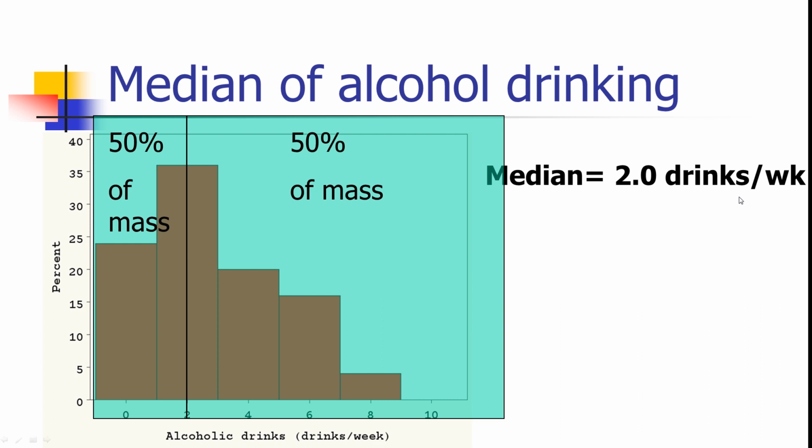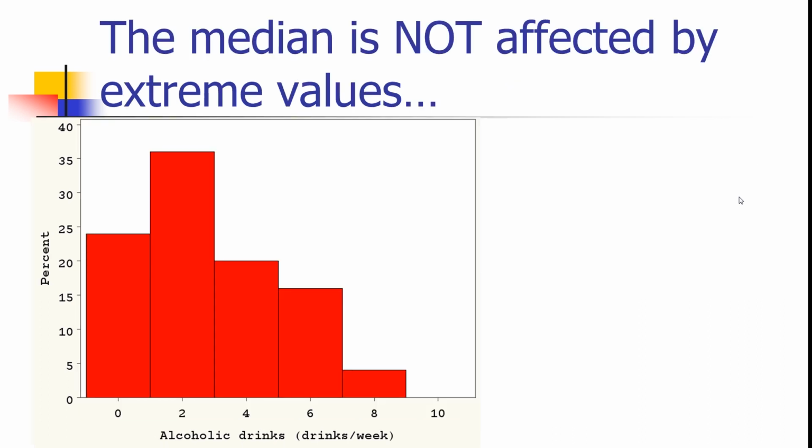And unlike the mean, the median is not affected by extreme values. So because we're just talking about where 50% are above and below, it doesn't matter if there are extreme values in there. It doesn't matter if in the top 50% somebody has a really high level of drinking or whether the highest value of drinking isn't so high.